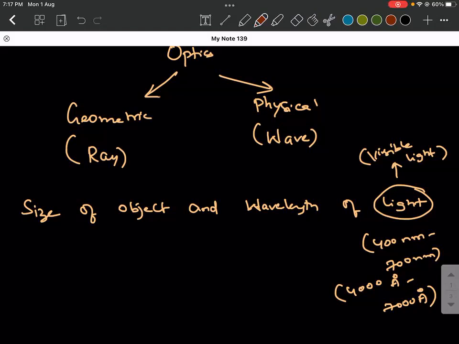On the other hand, if the size of the object is comparable to the wavelength of light, the light is treated as a wave.